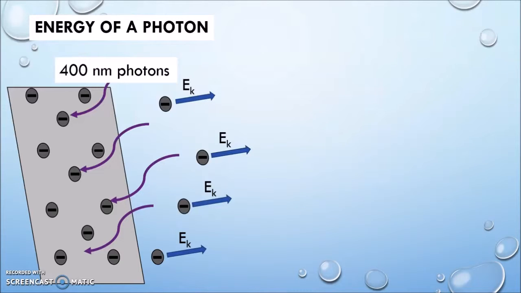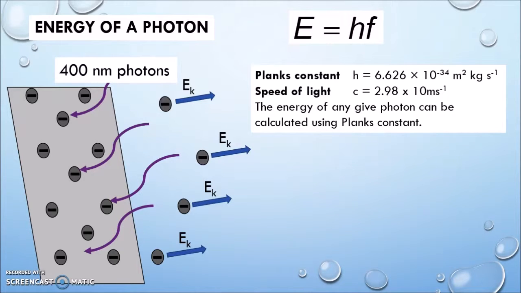Okay, so we can work out the energy of a photon by using Planck's equation, and we use Planck's constant here. Basically, the energy of a photon of light is equal to Planck's constant times its frequency.